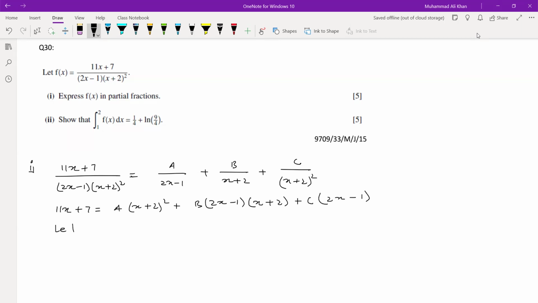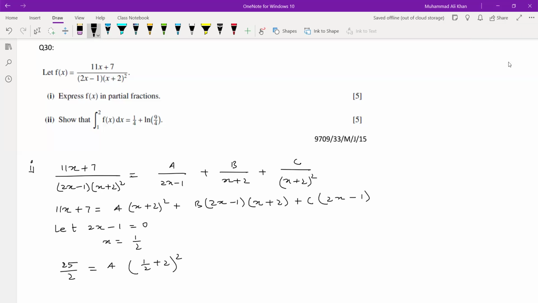The first, let 2x minus 1 equal to 0. The value of x is 1/2. When x is 1/2, what is the left hand side? 25/2. Because of 2x minus 1, two terms become 0, and in the b and c terms it will be half plus 2 whole square.